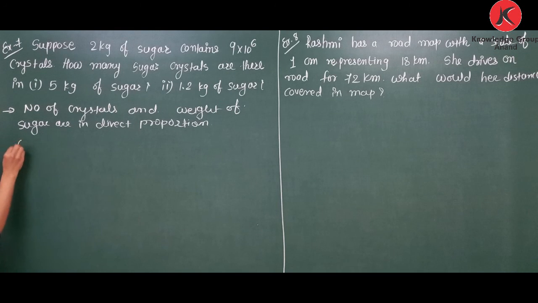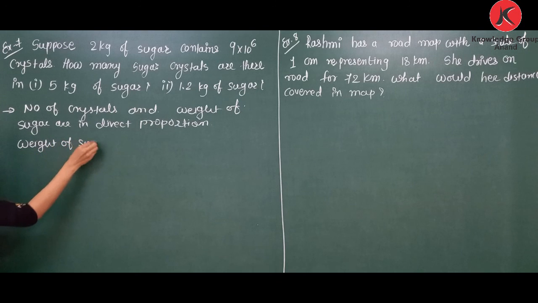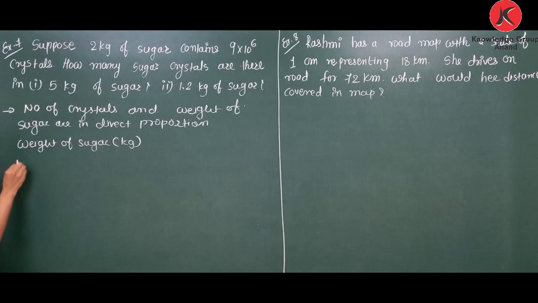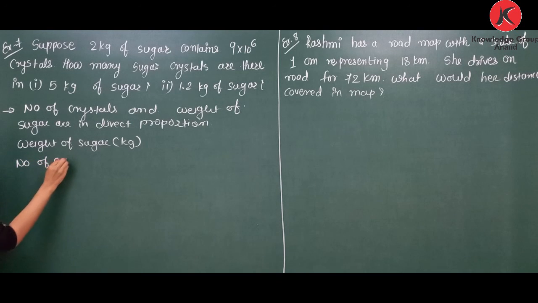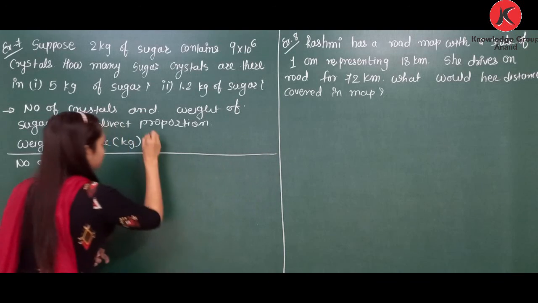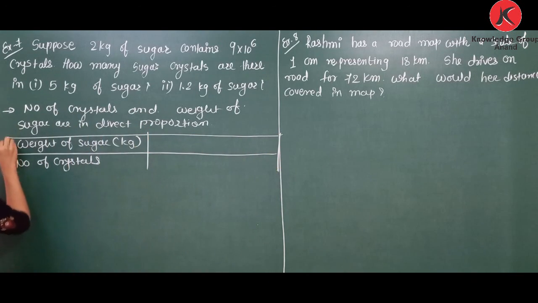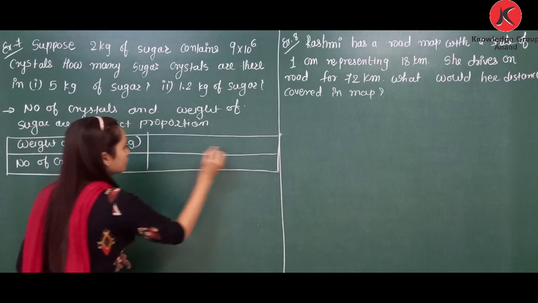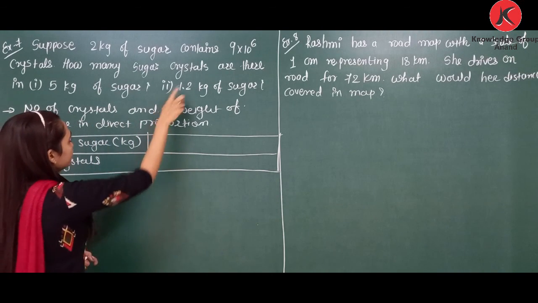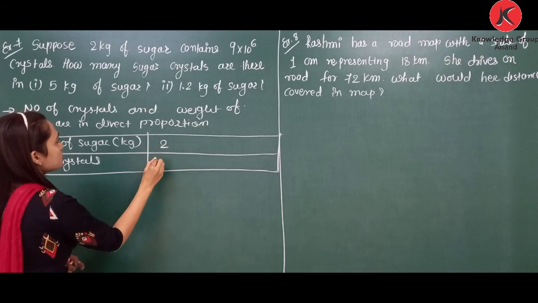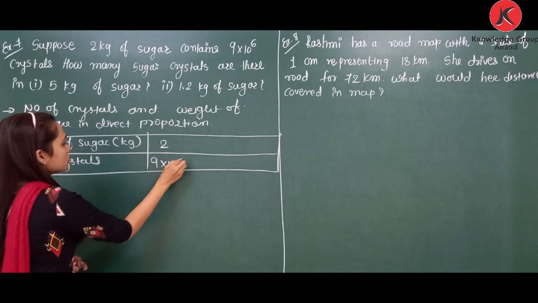So we can write weight of sugar, that will be in kg, and number of crystals. So when the weight is 2 kg, the number of crystals is 9 into 10 raised to 6.